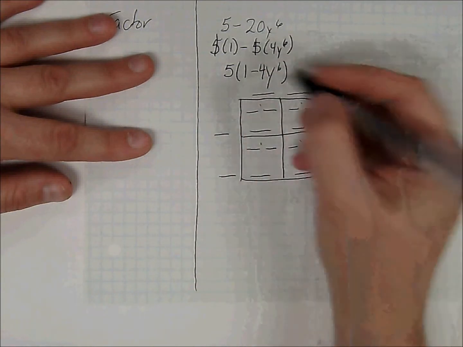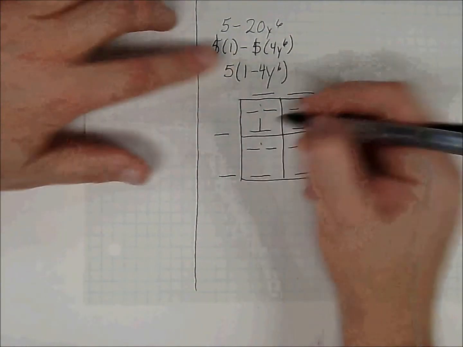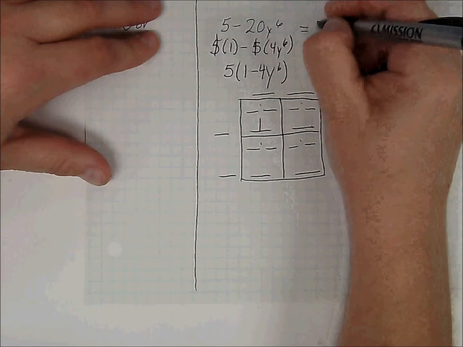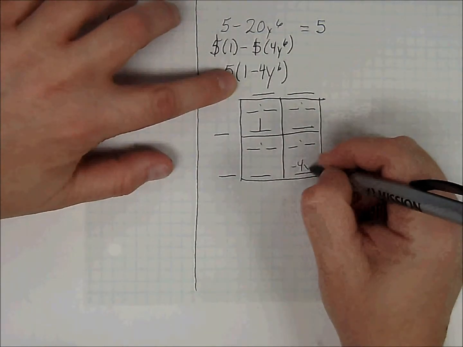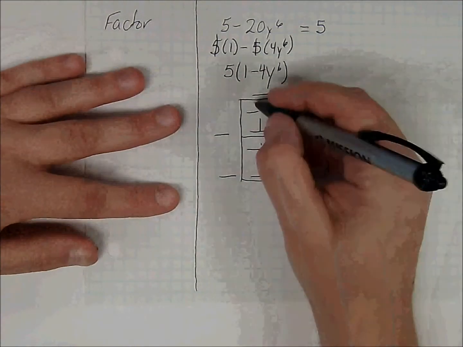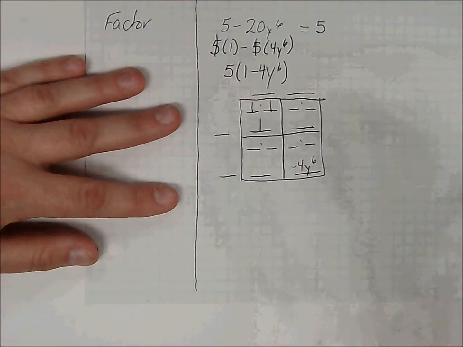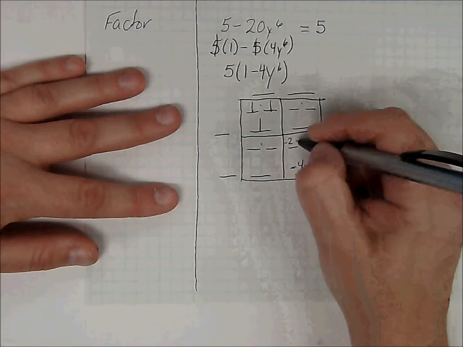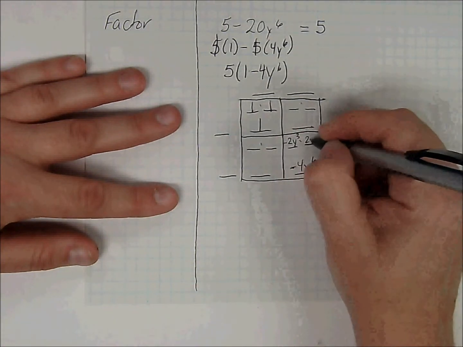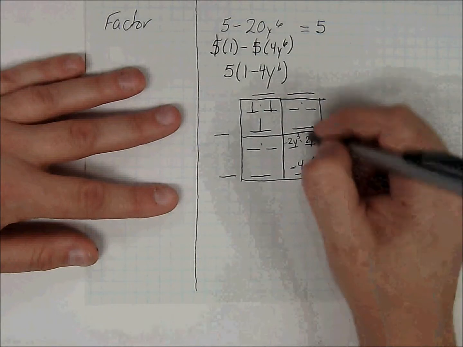All right, so in the first box, we know that 5 is done, so I'm just going to put the 5 up here for now. The 1 goes here, and the negative 4y to the 6 goes here. This is a 1 times a 1. Now, we're looking at a negative, so I'm looking at maybe negative 2y to the 3rd and positive 2y to the 3rd. Let's see if that works.